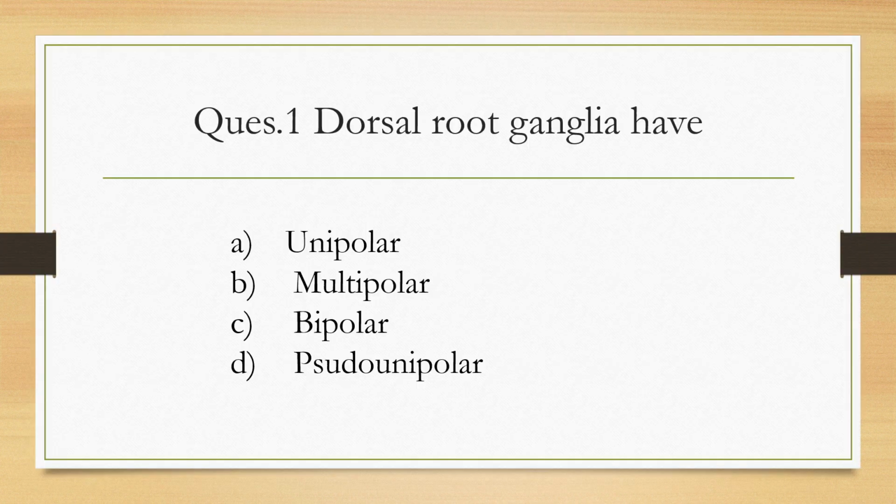So now let's revise by doing some questions. First: dorsal root ganglia have which type of neurons: unipolar, multipolar, bipolar or pseudo-unipolar? The correct answer is pseudo-unipolar.